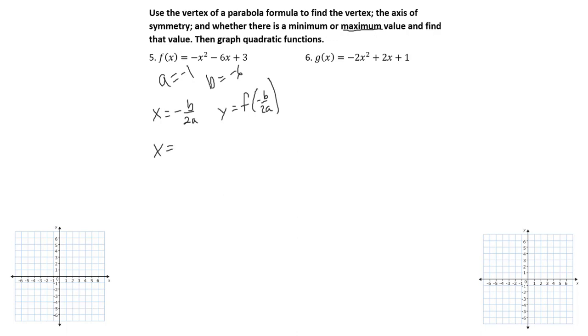So let's plug in. We get -(-6) divided by 2 times -1. And so 6 divided by -2 is -3 for our x value. So we can say the vertex is found at -3, something.